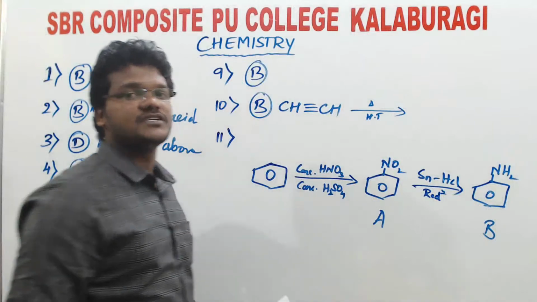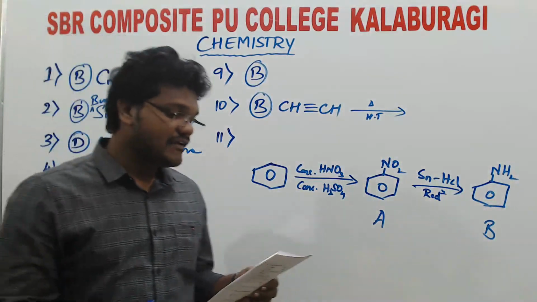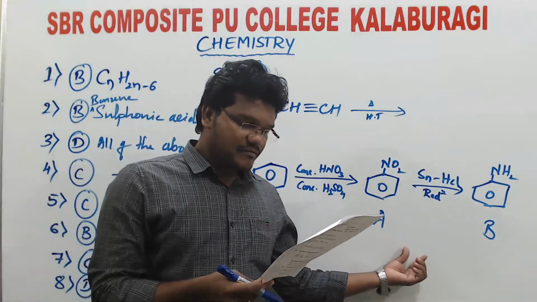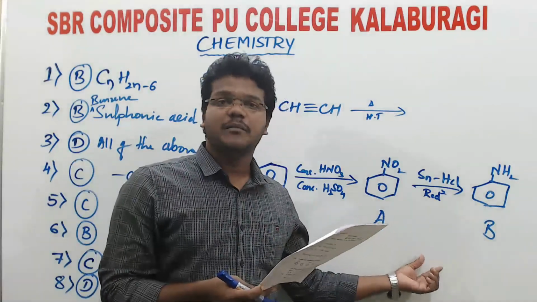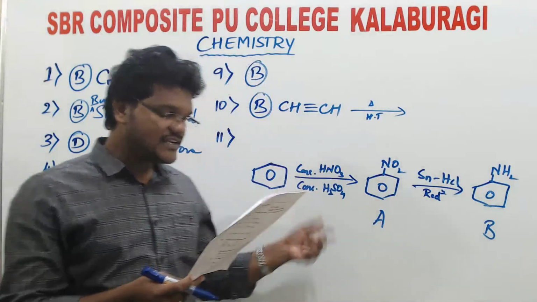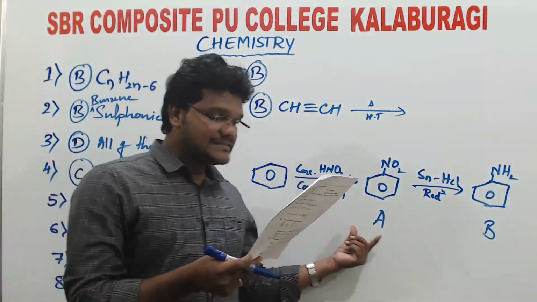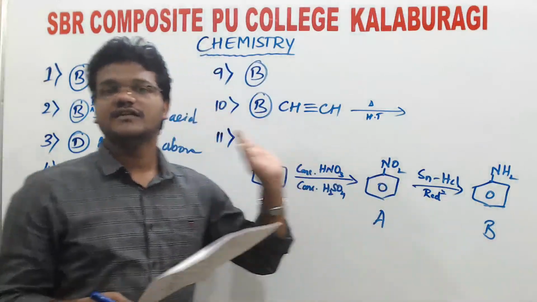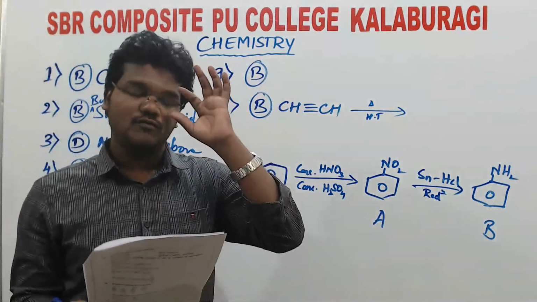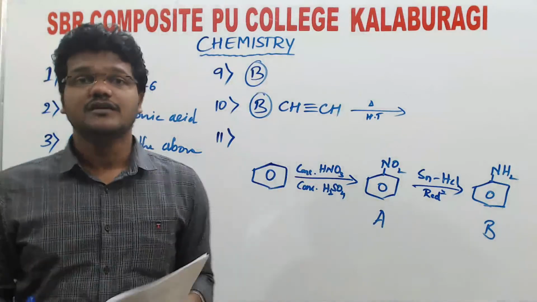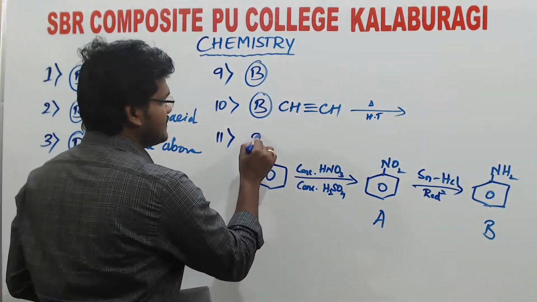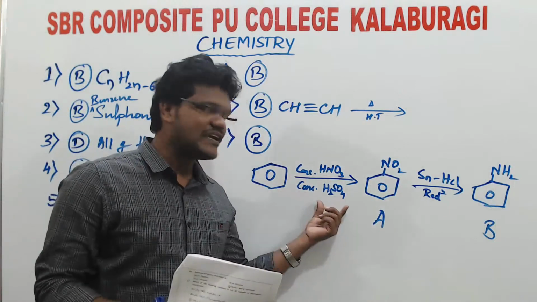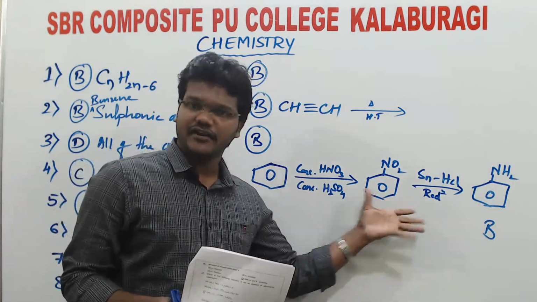Now we go through the options for question number 11. In the first option, it is nitrobenzene, correct, but for B they said phenyl hydroxylamine. No, it is not. Let's go for option B. A is nitrobenzene, correct. B is aniline. So that is the correct option. No need to go for the third option C. So for the 11th one, the correct option is B. Please remember, benzene is undergoing nitration, so A is nitrobenzene.